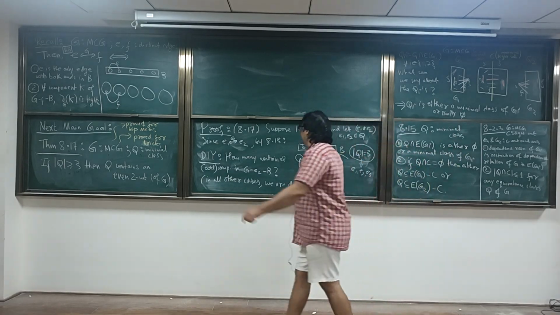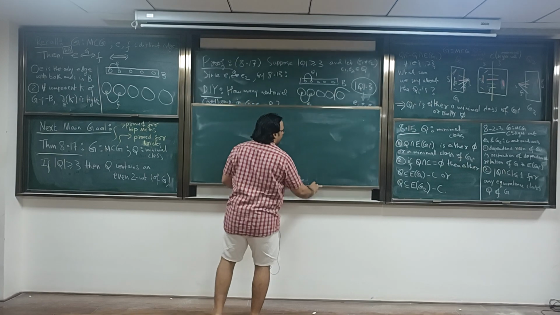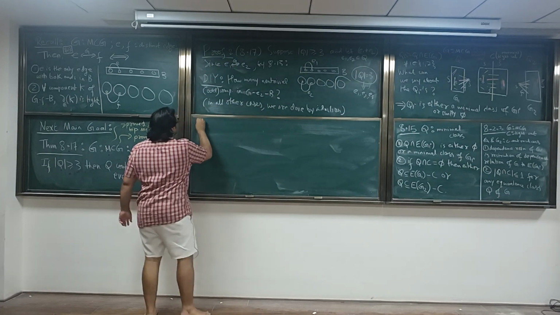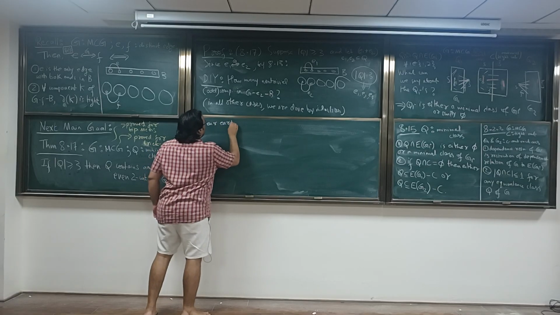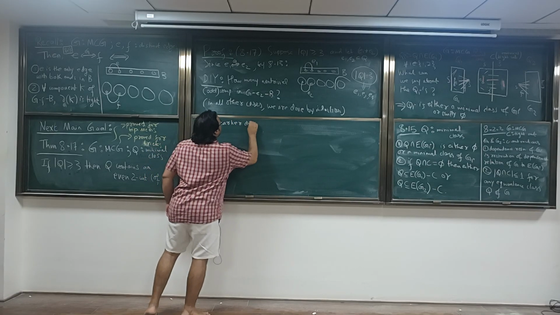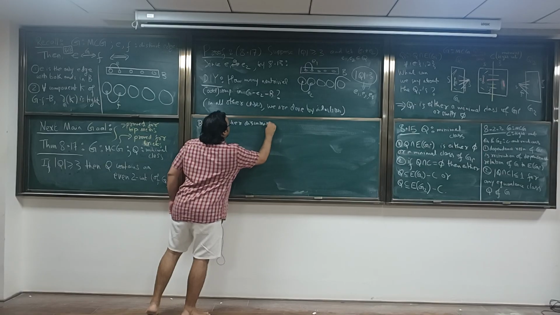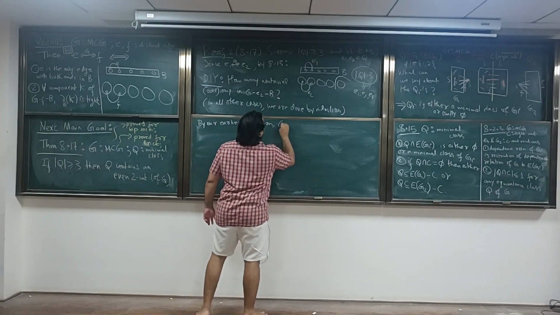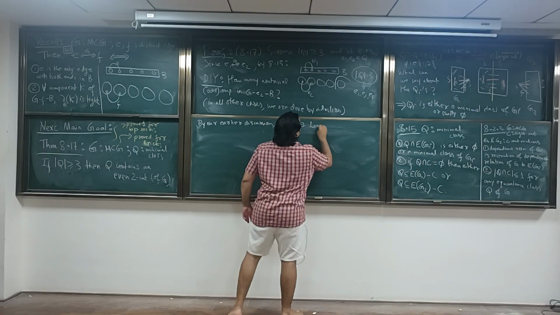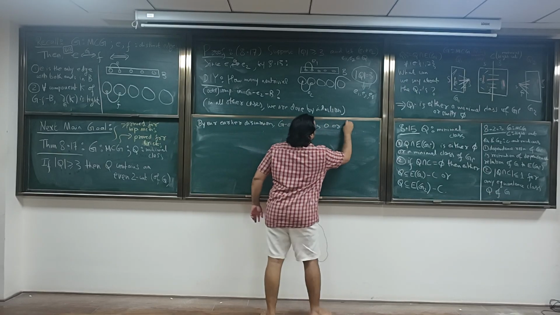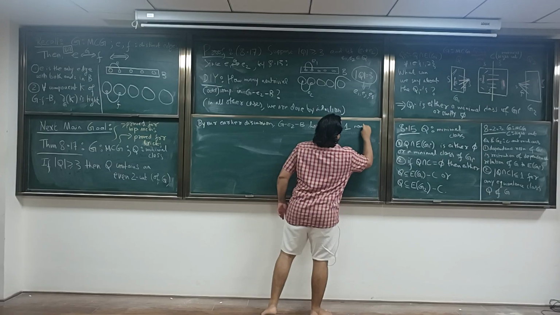Yeah. So by our earlier discussion, G minus E2 minus B has 0 or 1 non-trivial components.